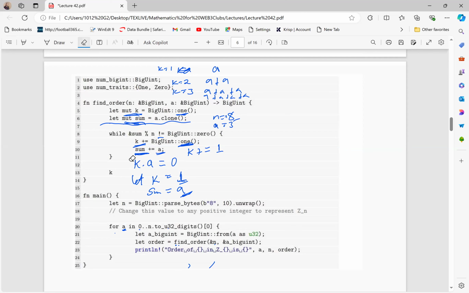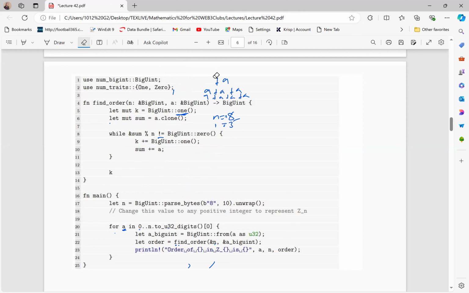Let me show an example so that we understand the code. Just a small example here. I want us to understand what the code is saying. I want to use 3 and 8.